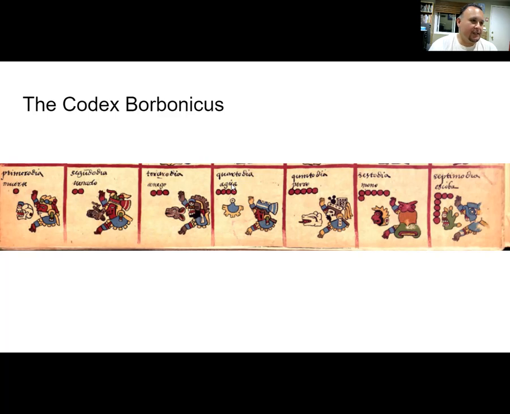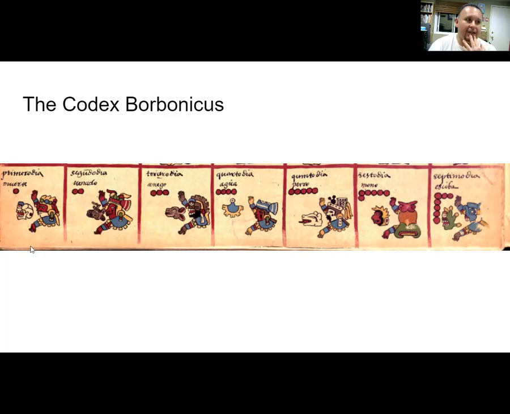So it's unclear. I don't think it's ever been dated. So what we do know, however, is that the mechanism that we see here, and that whoever the artist was, they were really true to the native style. Okay, a lot of codices after the conquest are really European style.